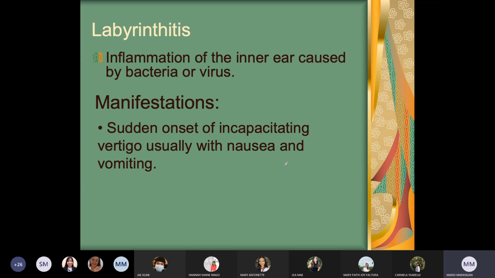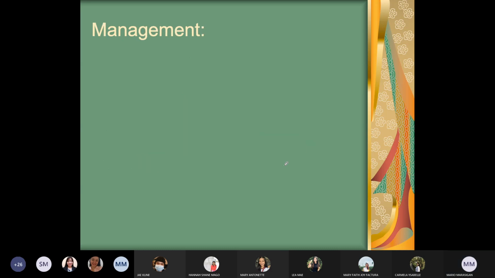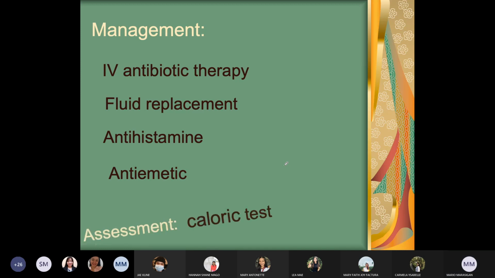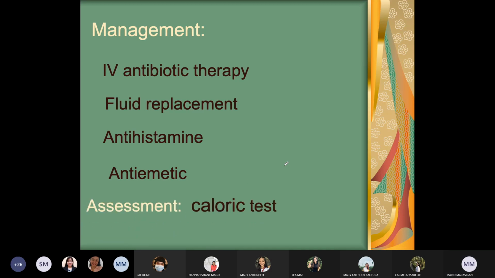Pag labyrinthitis, hindi kasama yung triad symptoms. Management, antibiotic, fluid replacement, antihistamine, and antiemetic for vomiting. Then for the assessment, you use ice caloric test.